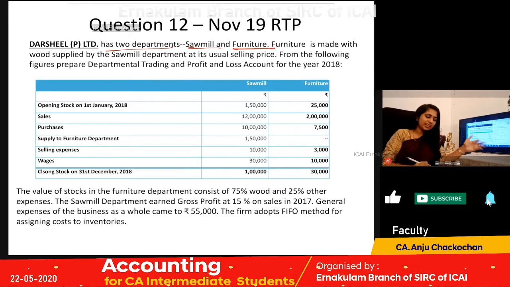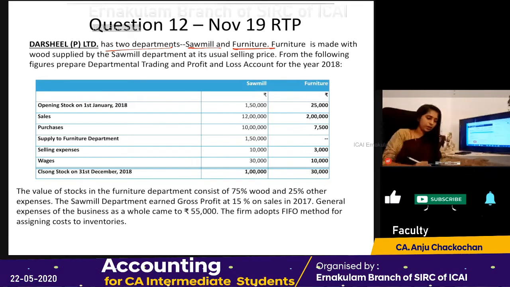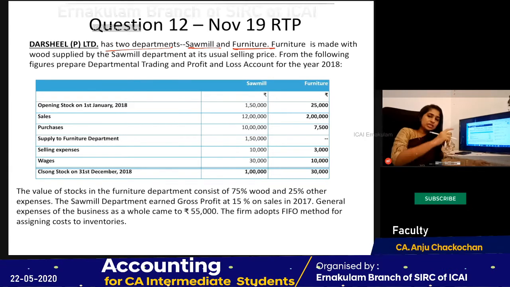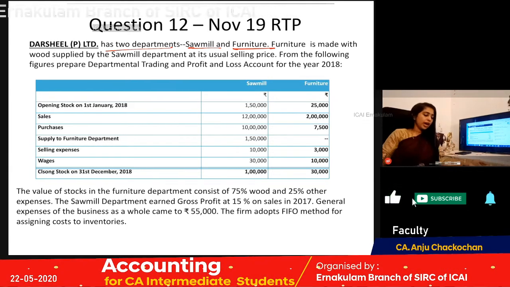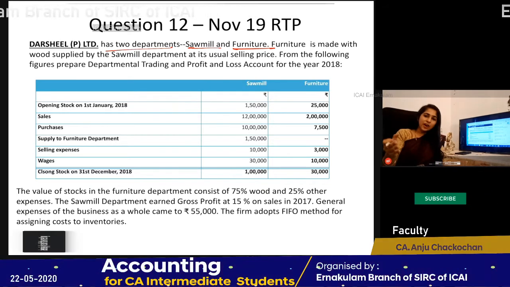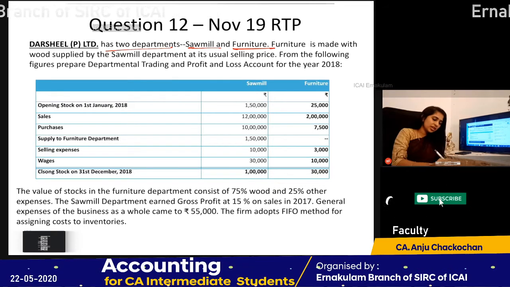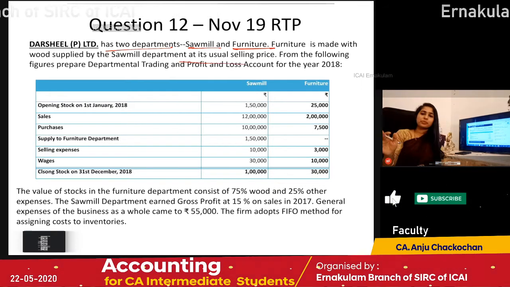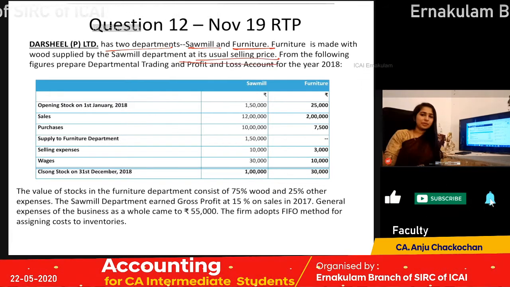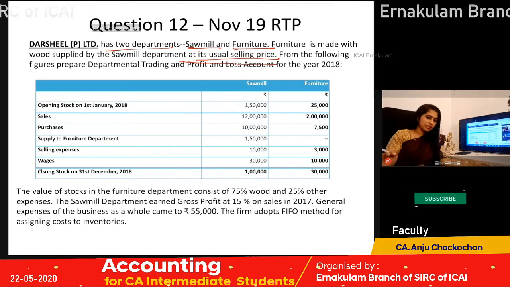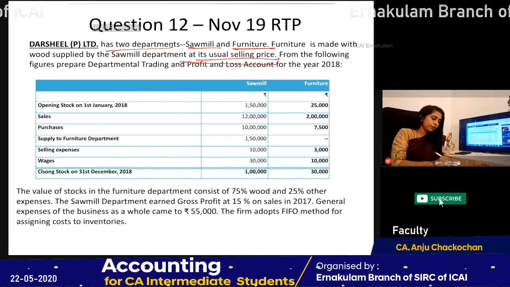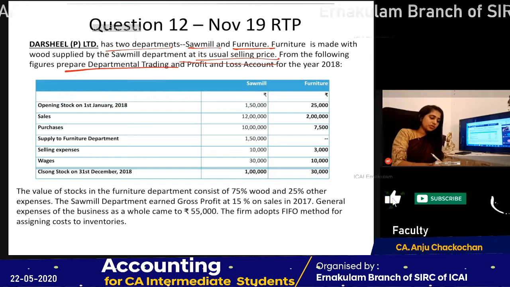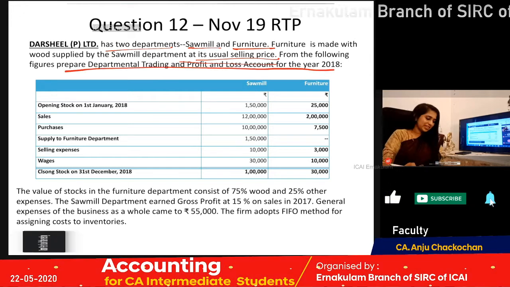Just like that, we have sawmill and furniture now. Is the sawmill selling the goods at cost? Obviously not. They are charging their usual selling price to the furniture department. From the following figures, prepare the departmental trading profit and loss account for the year 2018.